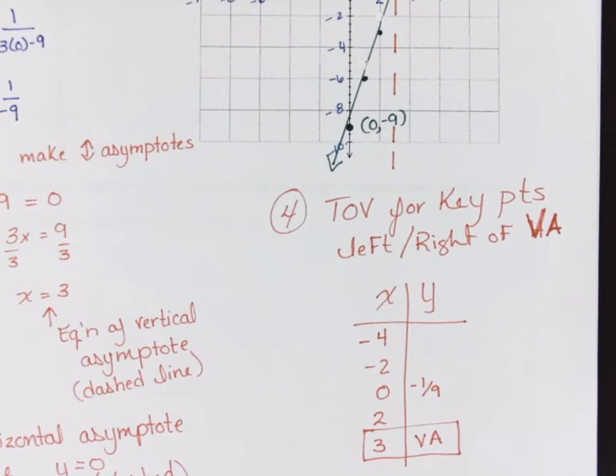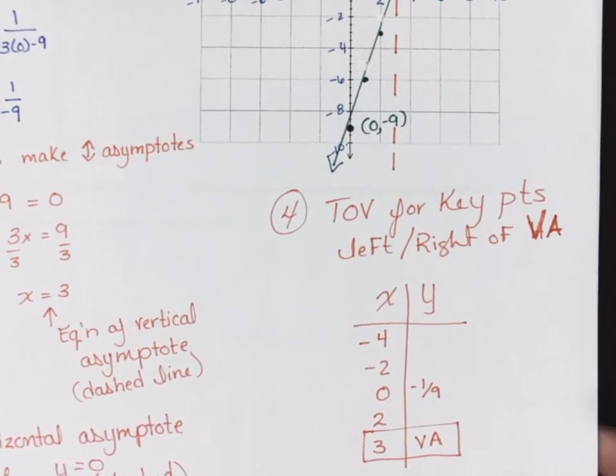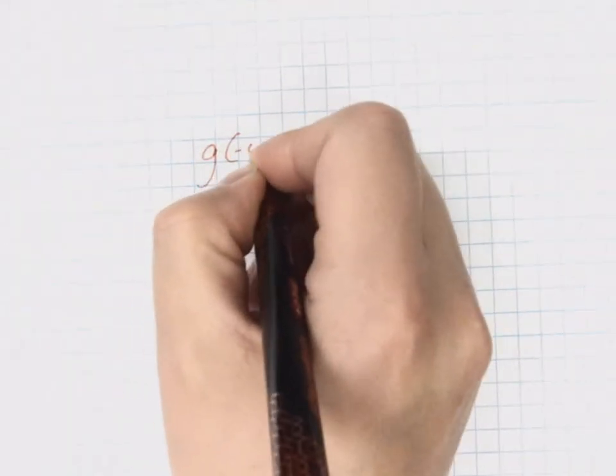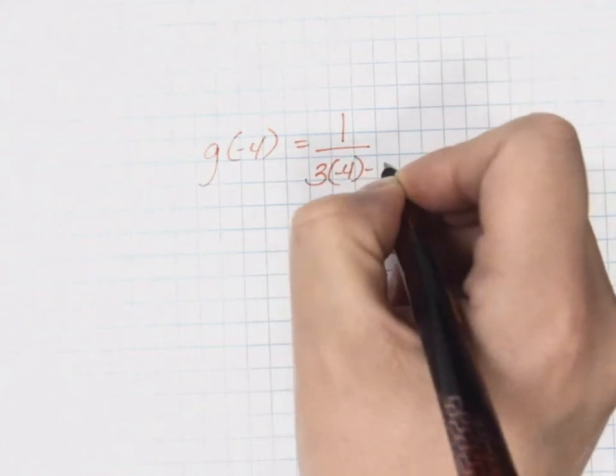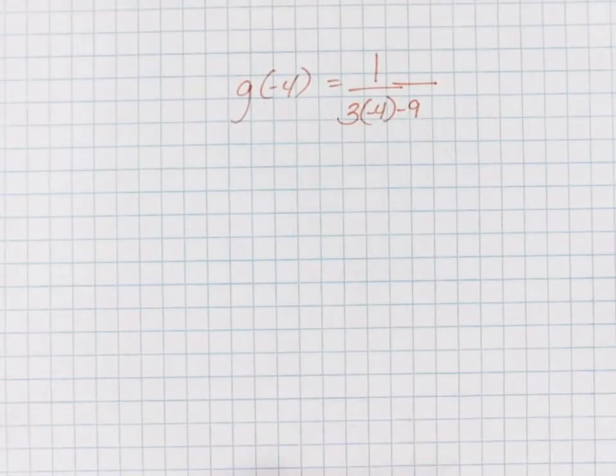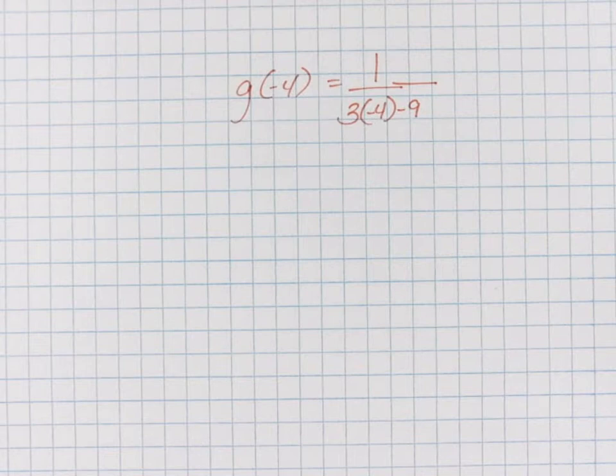Okay, so let's do some calculations, ladies and gentlemen. We are going to substitute that -4 into the equation. So g at -4 is equal to 1/3 times -4 minus 9. -12 minus 9.